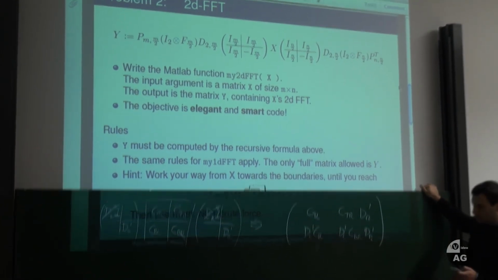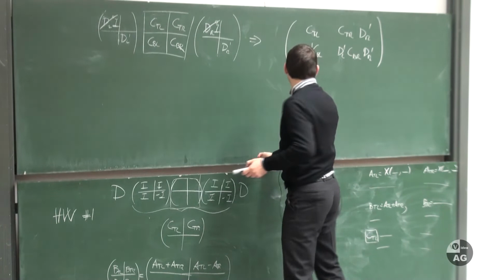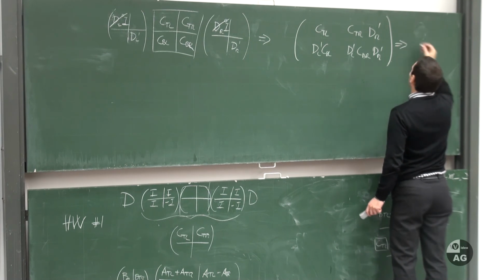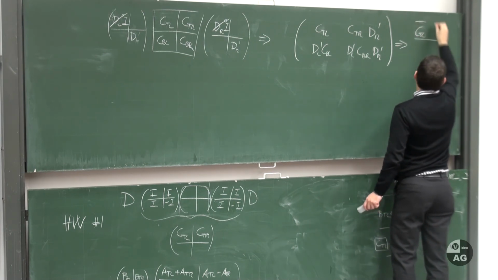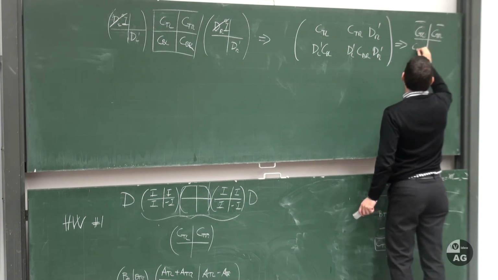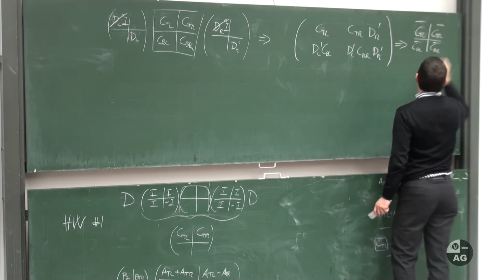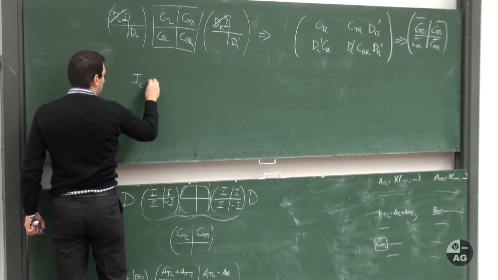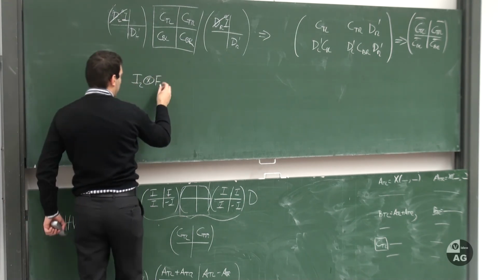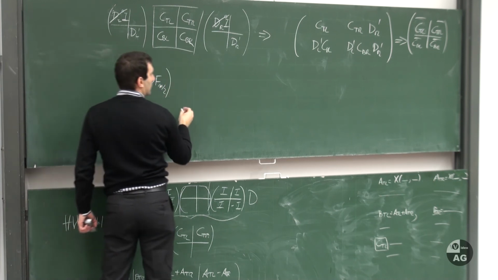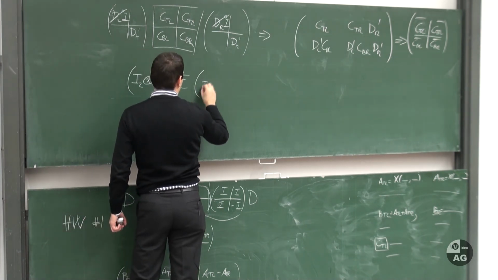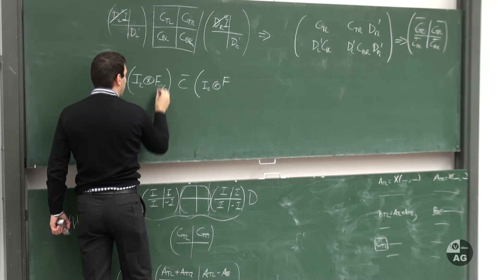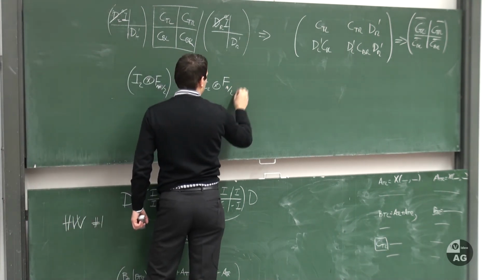Let's see what that is. Let's call this matrix, the output, C bar. And we have I2 tensor F_{M over 2}, C bar, it was an M, of course, and here it's N over 2.